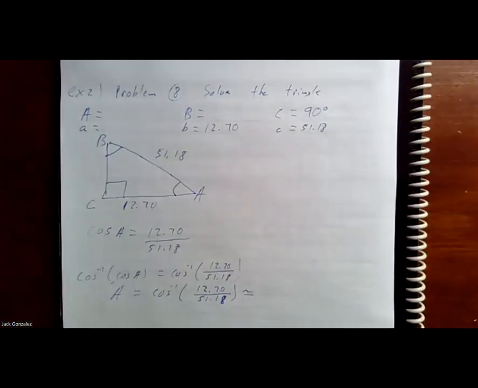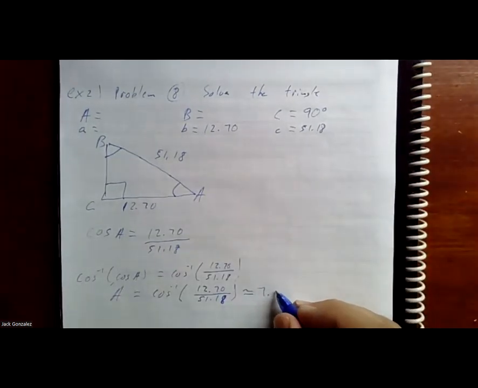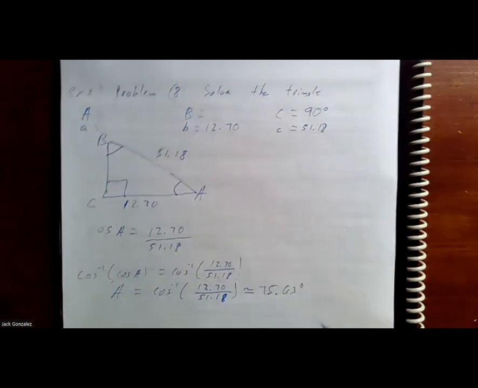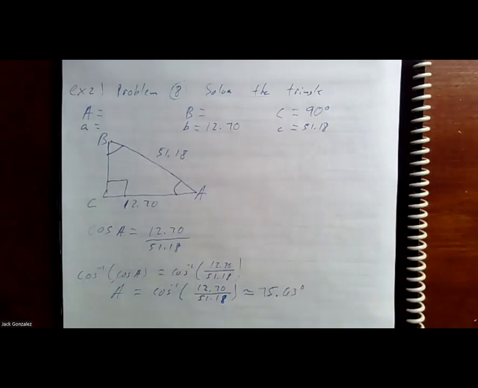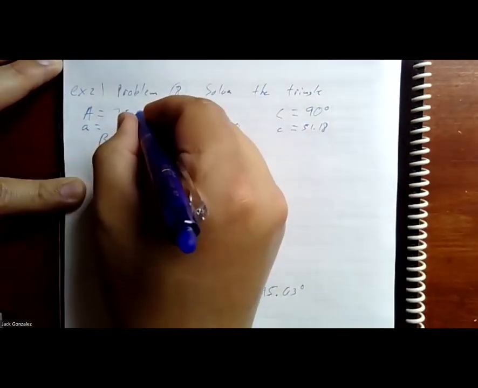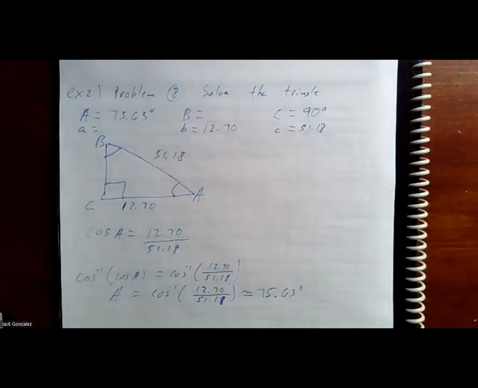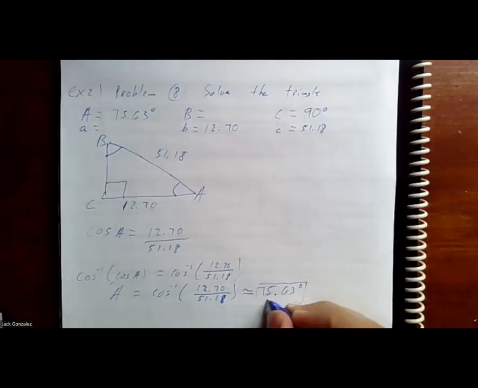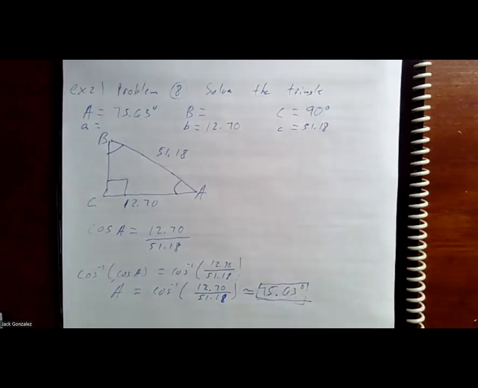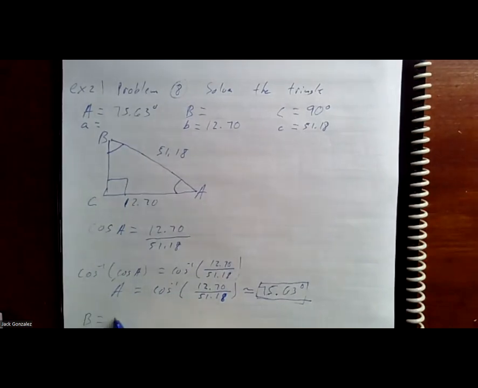Anyway, we got 75 down to 2 decimal places, they said. Okay, there's A. So when you have 2 angles, we can find the missing angle no problem, right? So B is equal to 180 minus the other 2 angles.